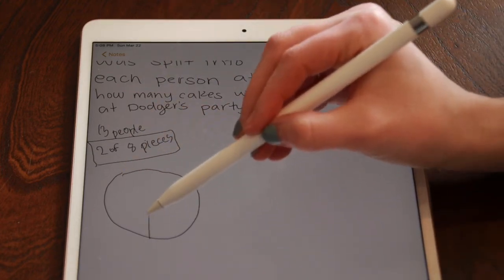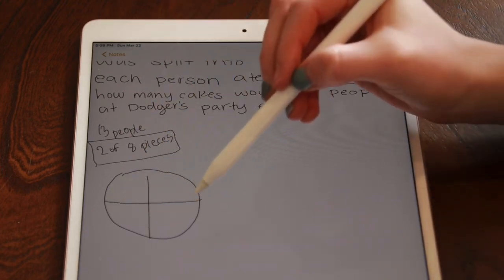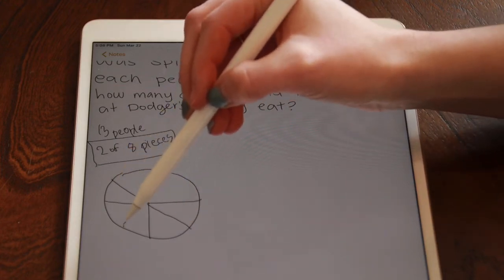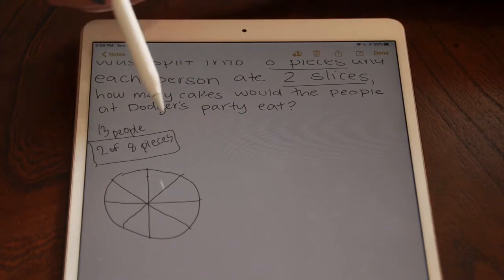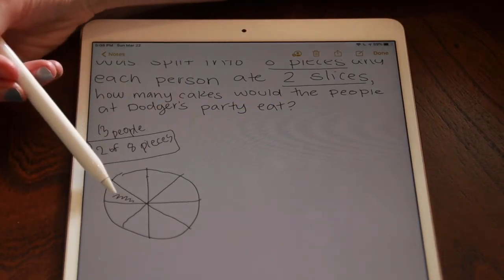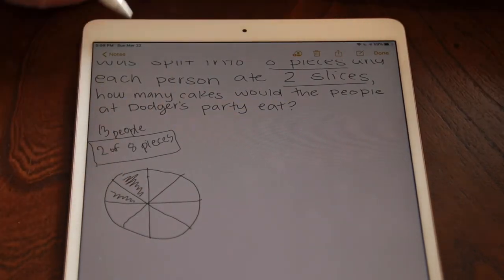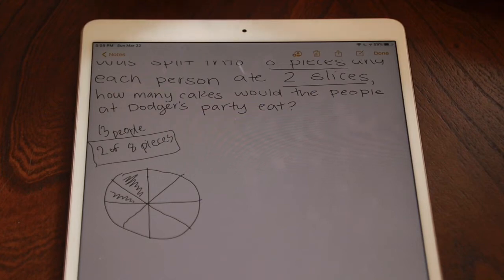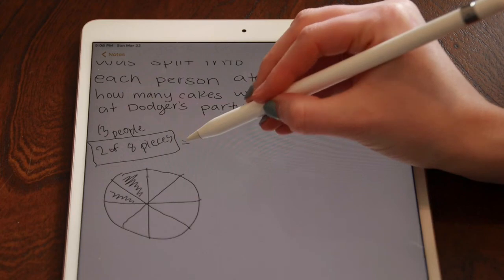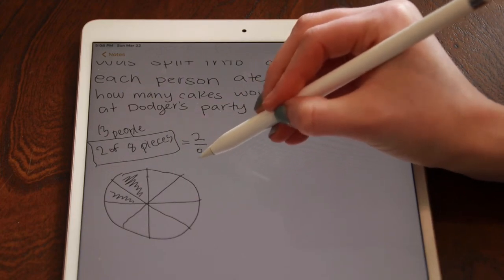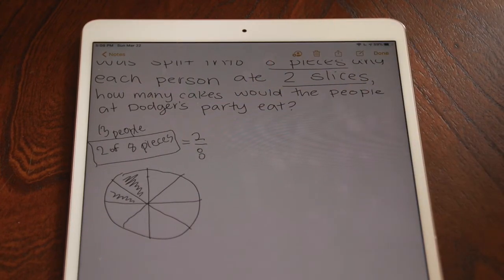And I'm going to split it into 8 pieces. Each person eats 2/8. So 1, 2. Do I see a fraction now? I do. The fraction would be 2/8.